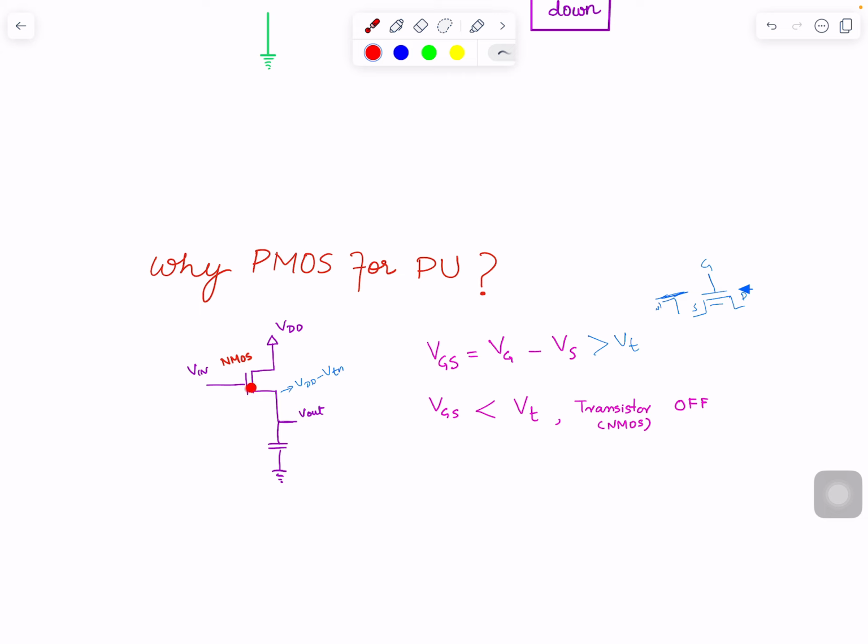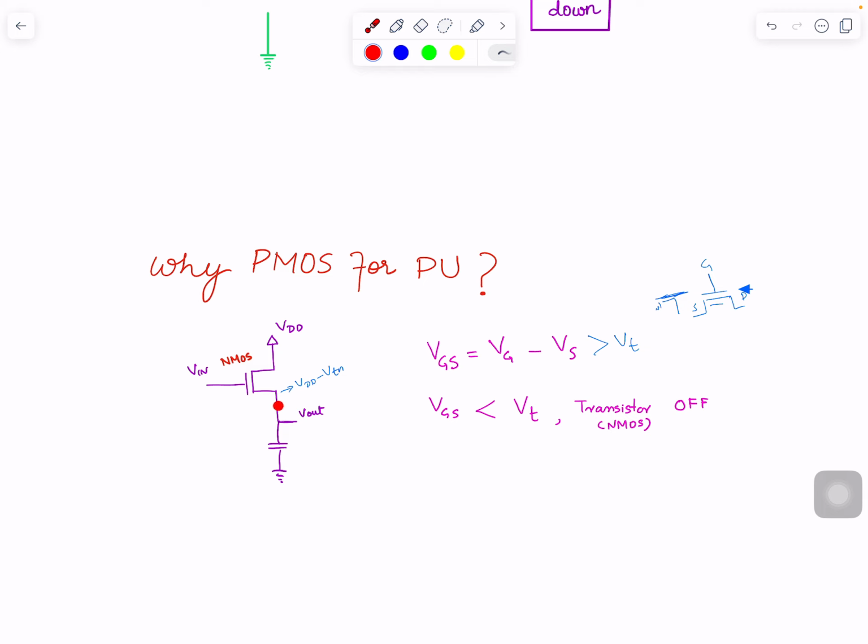Before we turn this on to connect to VDD, the source has 0 voltage. The gate voltage is fixed; we typically apply 1 for NMOS to conduct. So initially, with the source at 0, it will start conducting. There will be current flow, and since drain to source is already high, it will go into saturation mode.